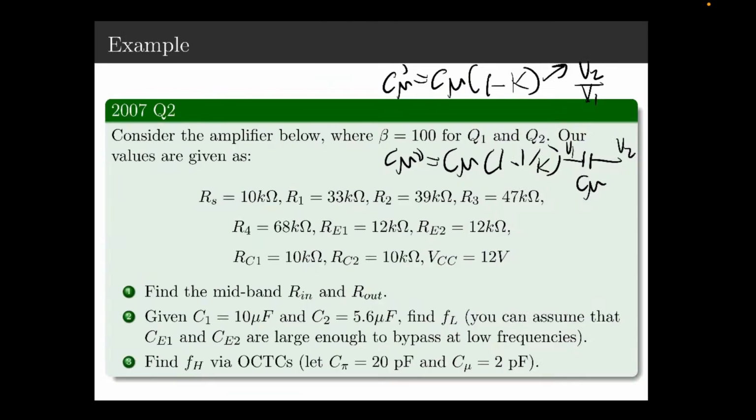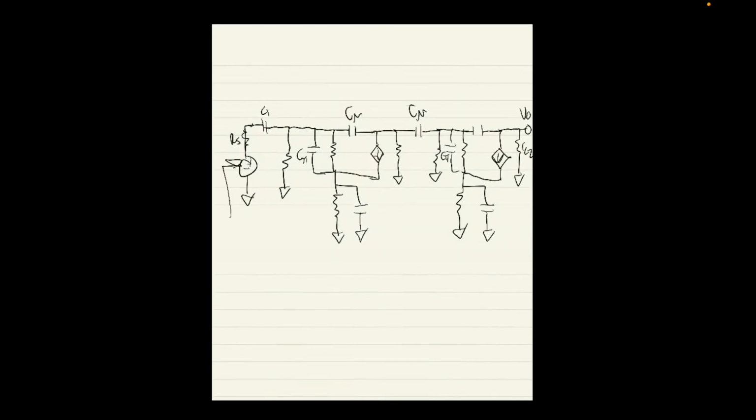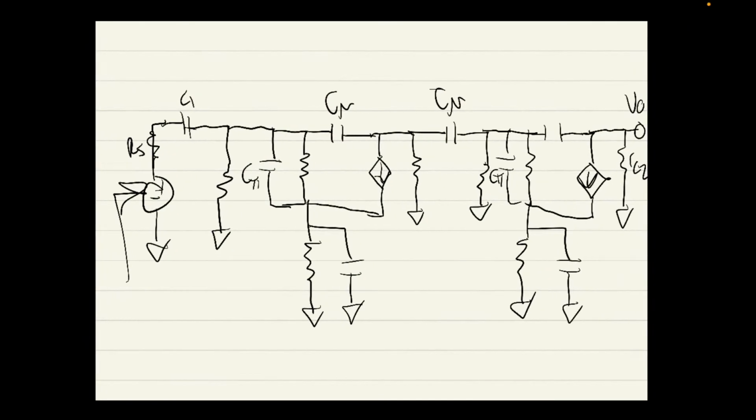Now it asks, find R in and R out. So we're looking for the impedance through here. If we disconnect this, we're not checking from the source because that's not actually part of our system. That's an input to the system. So we're actually looking from here. Hurry up.